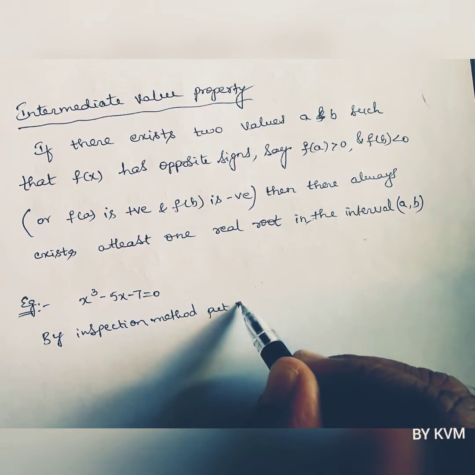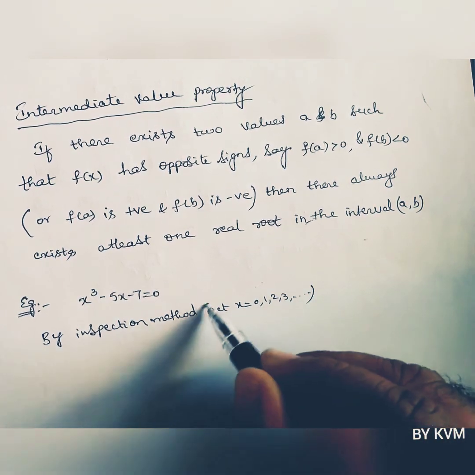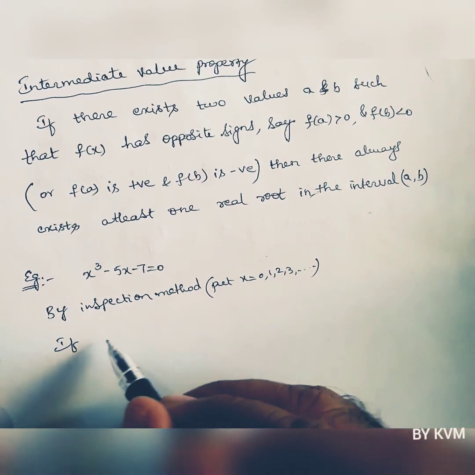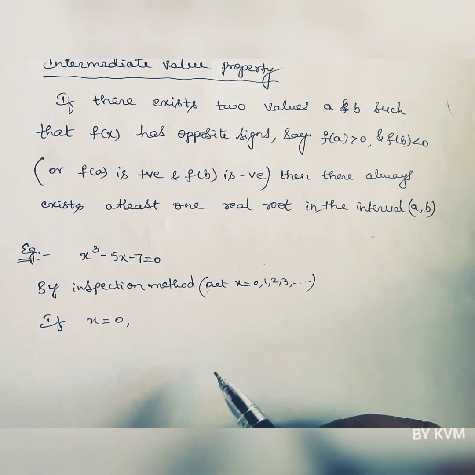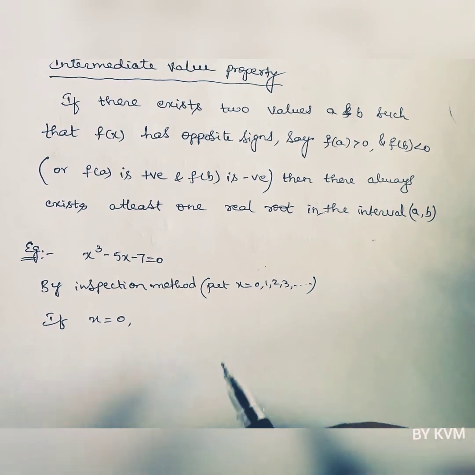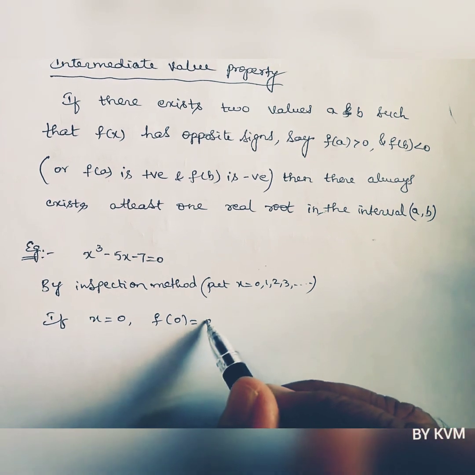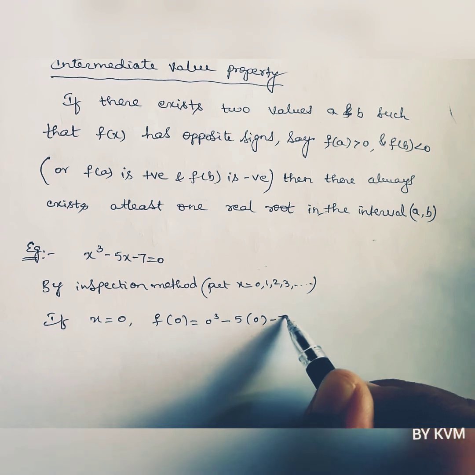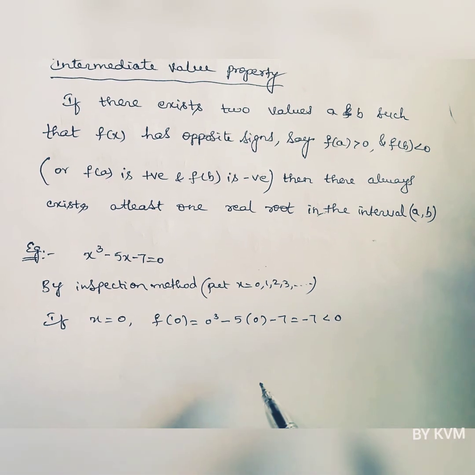Put x equals 0, 1, 2, 3, etc. First we take x equals 0. We get f of 0, which is 0 cube minus 5 into 0 minus 7. So this is equal to minus 7, less than 0.